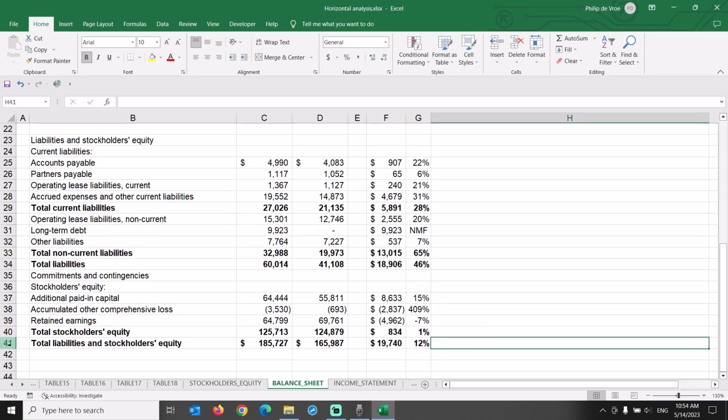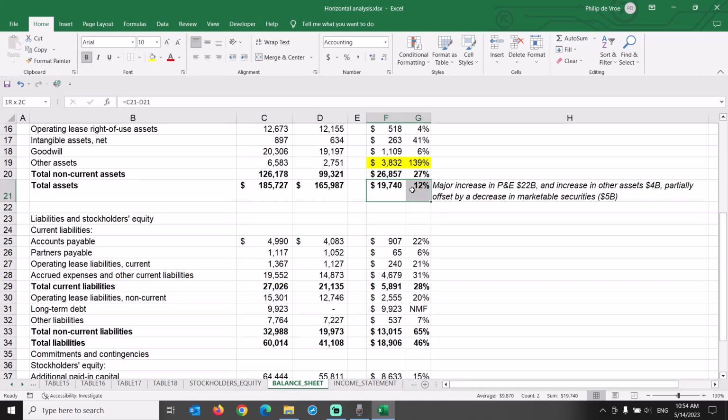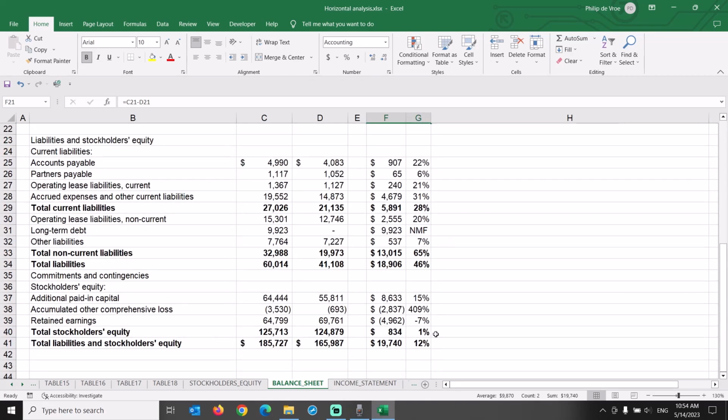Total liabilities and equity are up 12% or $20 billion, which is the same increase as total assets as the balance sheet needs to balance. Equity is up only 1%, while total liabilities are up 46%. Within liabilities, non-current liabilities have gone up much faster than current liabilities, 65% versus 28%.